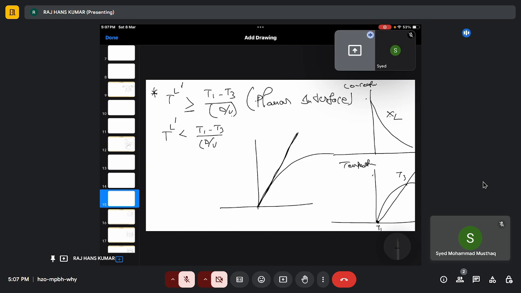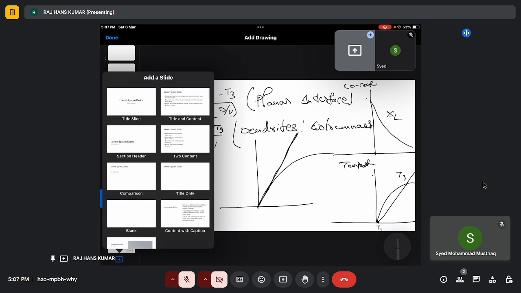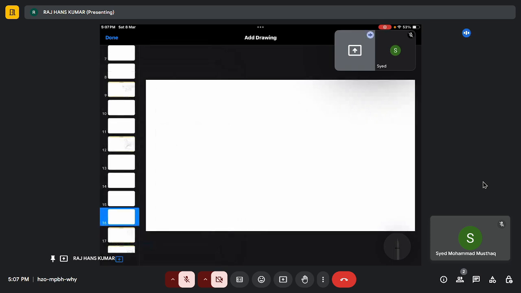If TL dash is less than (T1 minus T3) upon d by b, then we will have the dendrites or columnar structure.